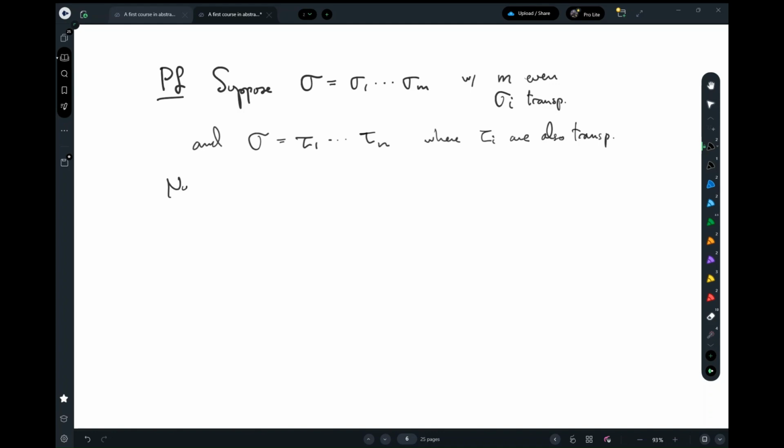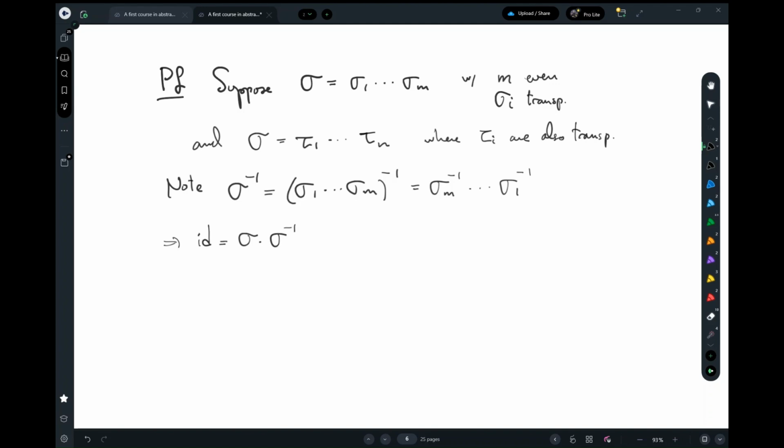So note that I can compute the inverse of sigma, sigma 1 through sigma m inverse. Remember that the inverse is the product of the inverses, but in reverse order. So this is the inverse of sigma m times up to the inverse of the first one. And therefore, the identity, using the lemma, I'm going to write the identity as a product of transpositions, is sigma times sigma inverse.